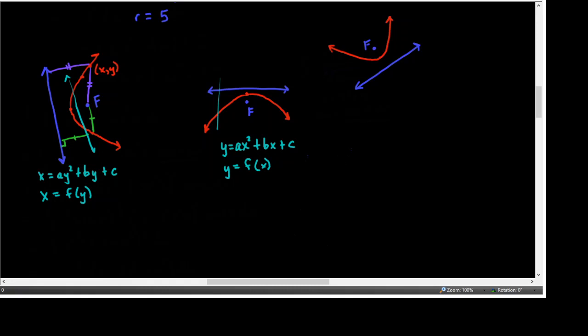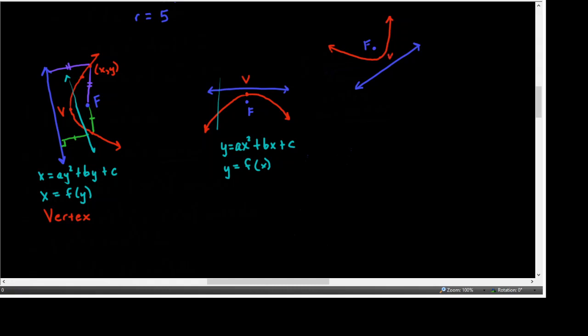And anybody remember what this point here is called that's at the midpoint between the focus and the directrix? Yeah, it's the vertex. And the vertex is always that point that's midway between the focus and the directrix. So there's the vertex there, and there's the vertex there.